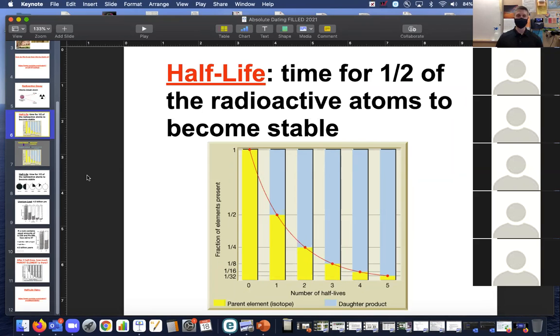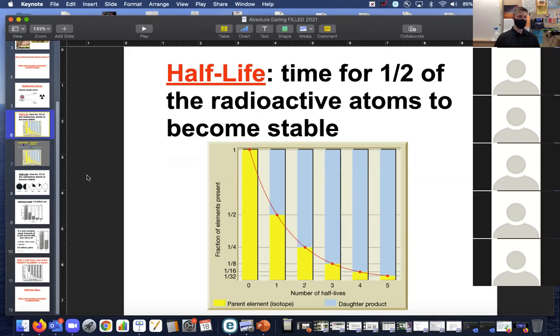Now, this is kind of a confusing thing. I think one of the parts that makes it confusing is that different elements have different half-lives.